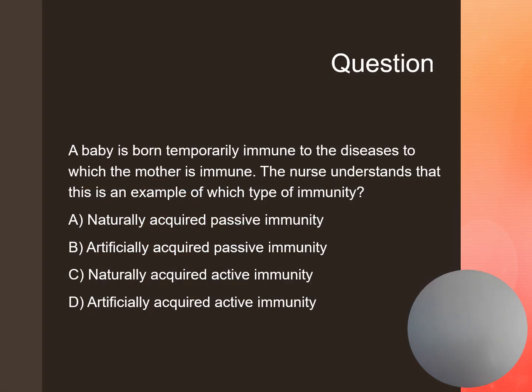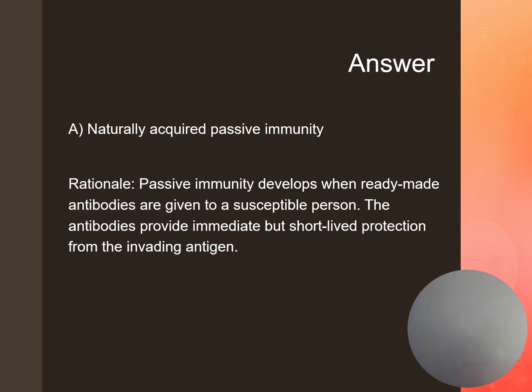A baby is born temporarily immune to the diseases to which the mother is immune. The nurse understands that this is an example of which type of immunity. Once again, that's the naturally acquired passive immunity.